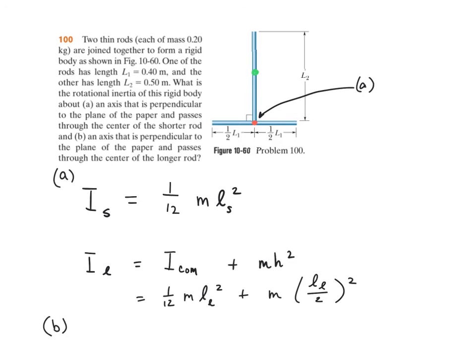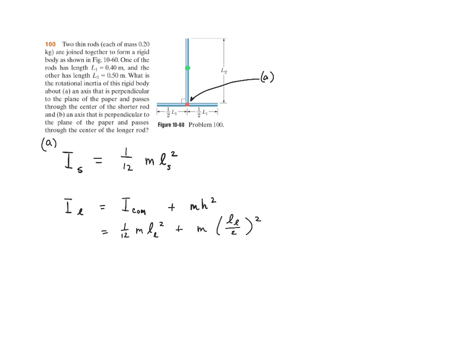The reason we're doing that in this problem, and I'm going to move down to part B in a moment, is because I want to prove what the moment of inertia of a thin rod about its end is, and we're going to come up with that number so it's useful to use in the future. So this becomes still 1/12 m L_L squared plus m times L_L squared over 4.